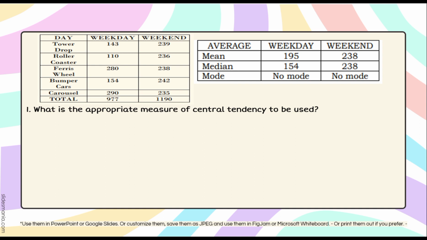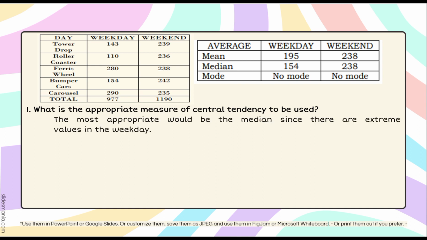So the answer for number 1, the most appropriate would be the median, since there are extreme values in the weekdays. You will know later on as we go on to our lesson why the most appropriate measure of central tendency to be used in number 1 in this table is the median.